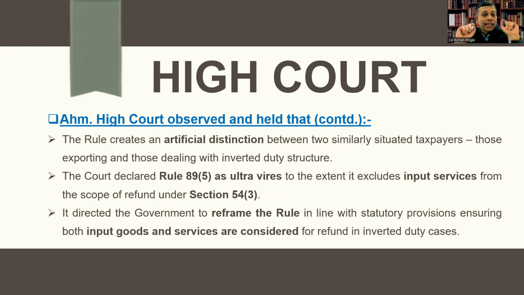The court declared Rule 89 Sub-Rule 5 as ultra vires to the extent it excludes input services from the scope of refund under Section 54, subsection 3. It directed the government to reframe the rule in line with statutory provisions, ensuring both input goods and services are considered for refund in inverted duty cases.